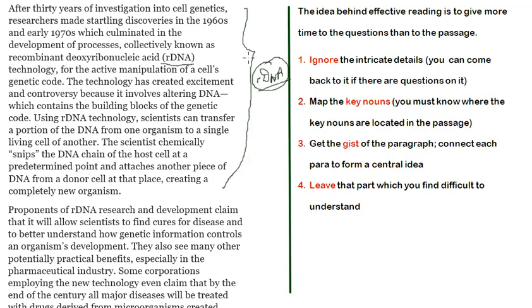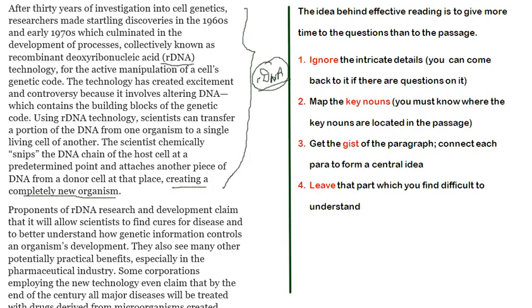So that is what overall the idea is. That you have rDNA, so the scientist chemically snips the DNA chain of the host and attaches another one, creating a completely new organism. So this is a very, very simple paragraph. Though too many words have been used to express the same idea, we know in short what exactly this paragraph has to say. Now let's go and check the second paragraph.